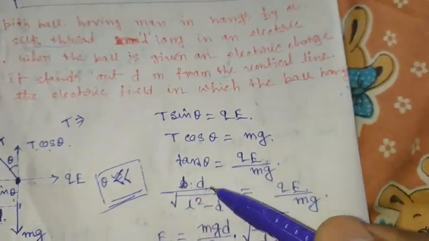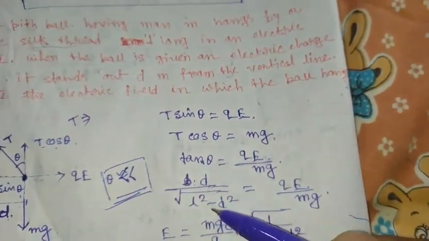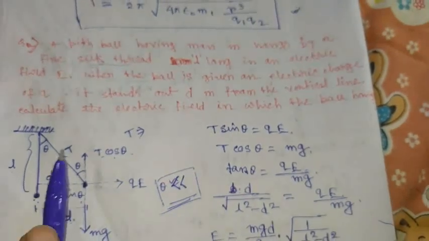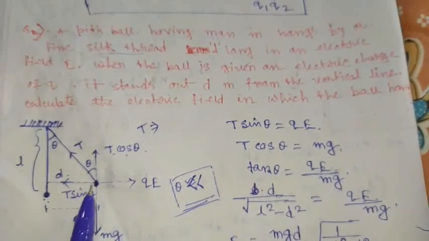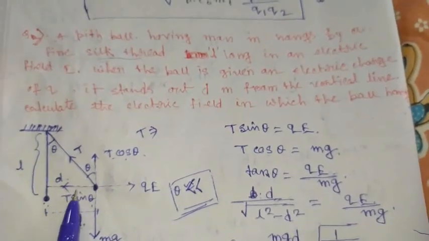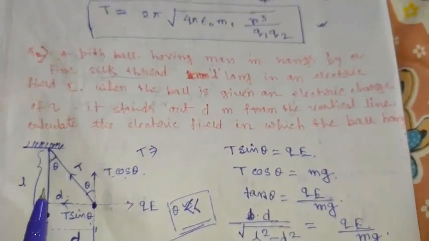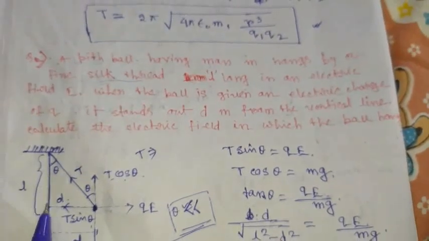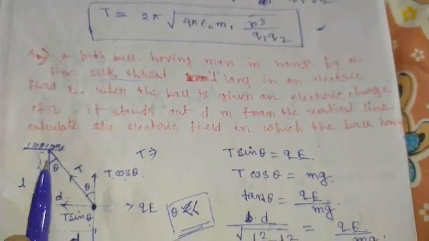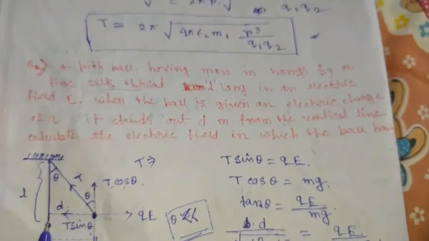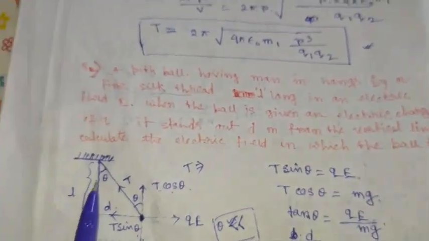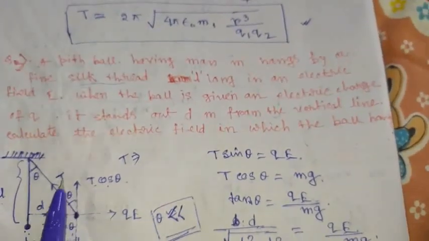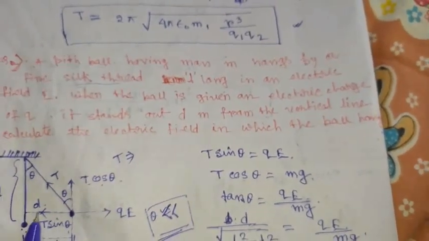Now we know tan theta is the perpendicular distance over the base. Here the perpendicular is d, and the base, according to this triangle, is the square root of L square minus d square, because the hypotenuse is L and the perpendicular distance is d.